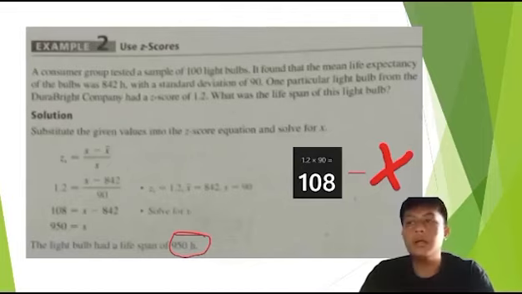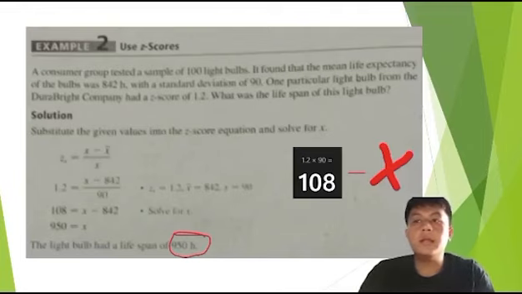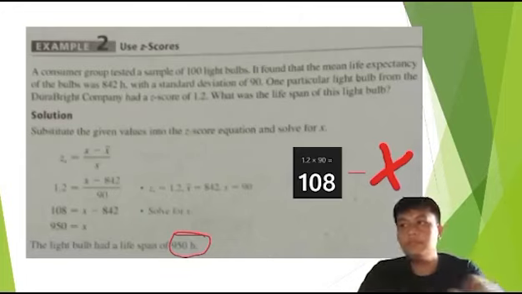Tapos equal, makikita niyo dito is equal to x plus 842 and equal to 950. Ang x natin dito kasi solve for x, ang x natin dito is 950. The lifespan ng light bulb is naging 950. Sana naintindihan yun sa z.